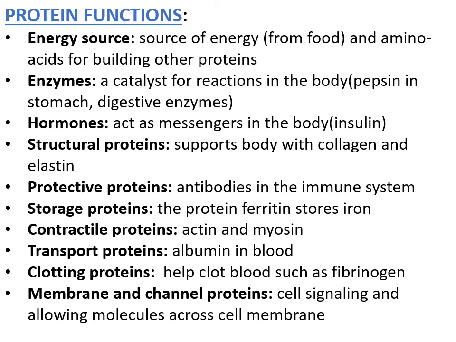And one of them is iron. So iron gets stored in the liver with a protein called ferritin. Okay, so proteins can be used for storage. What about contractile proteins? Actin and myosin in your muscles. Okay, they interact with each other to allow contraction of muscles.